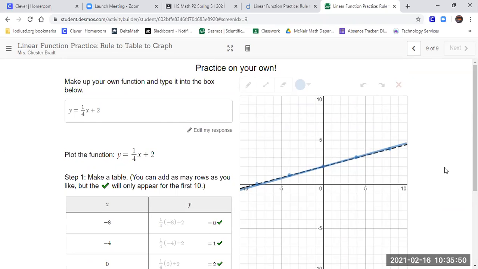Okay, if you are finished, open the Google Classroom and turn in your assignment, which says in class activity chapter 3, activity 6.